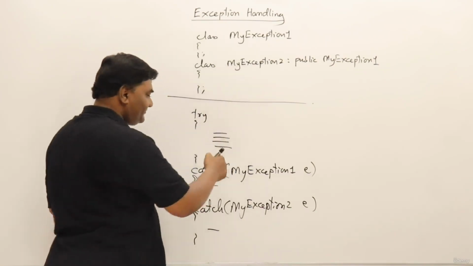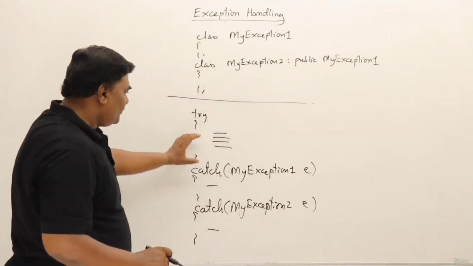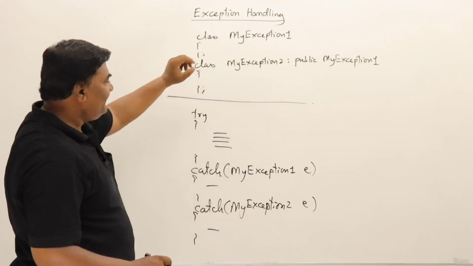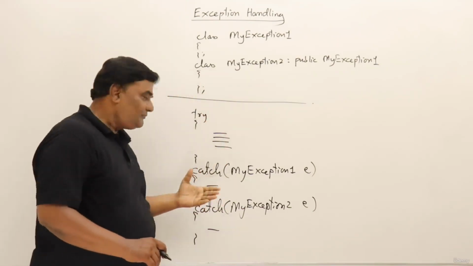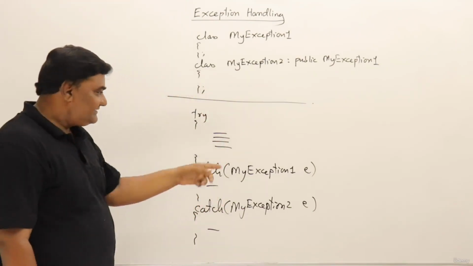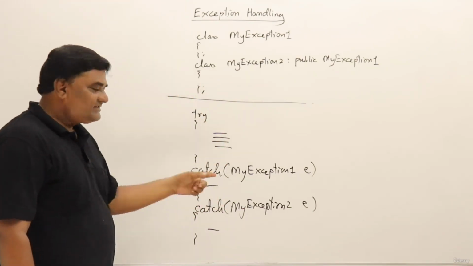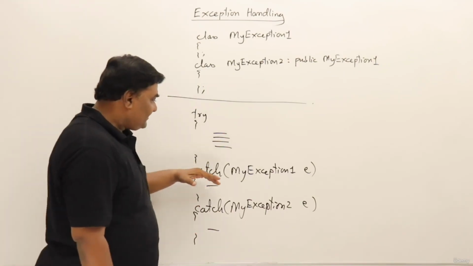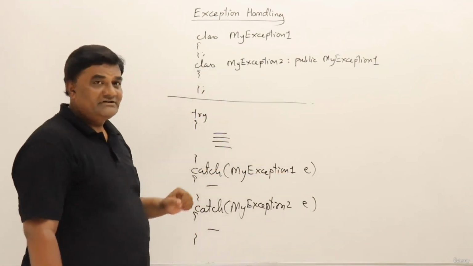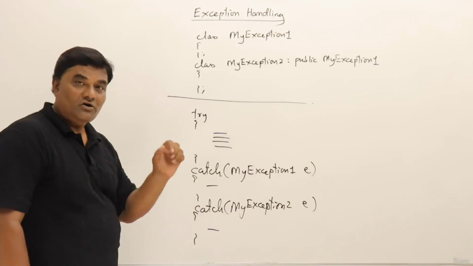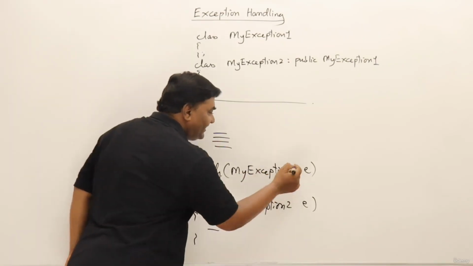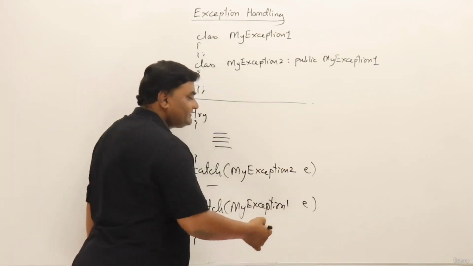Suppose both these types of exceptions are possible. Suppose in this code I am throwing both types of exceptions, then for both of them I have written a catch block. Is it correct? No. I have written the catch block for the parent class first, then the child class. Wrong. You must write the child class first, then the parent class.